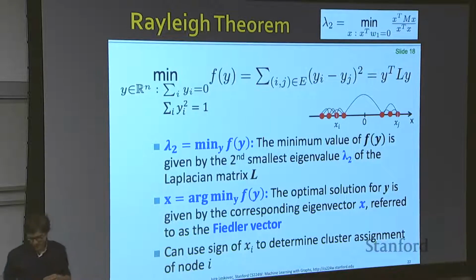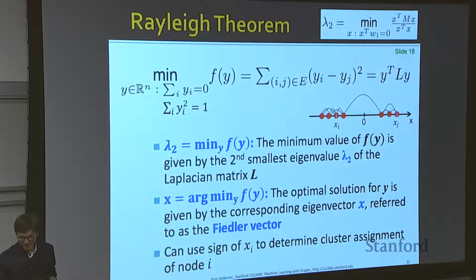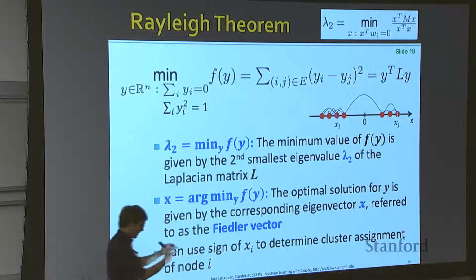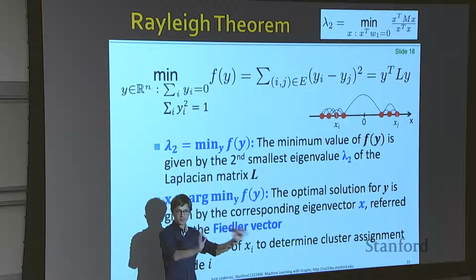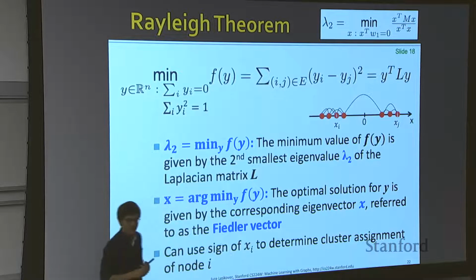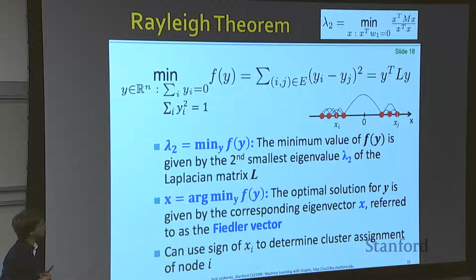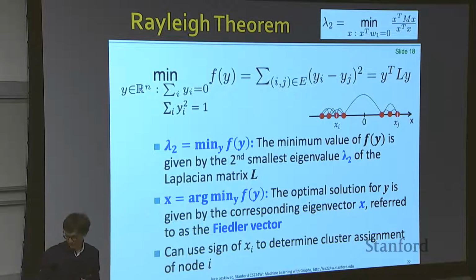So there is a Fiedler, and people will call it a Fiedler vector, and it's a very classical term in spectral graph theory. Then another classical result from spectral graph theory is called the Rayleigh Theorem.